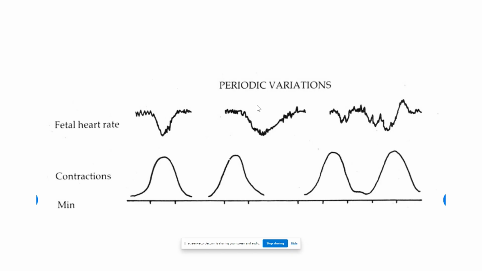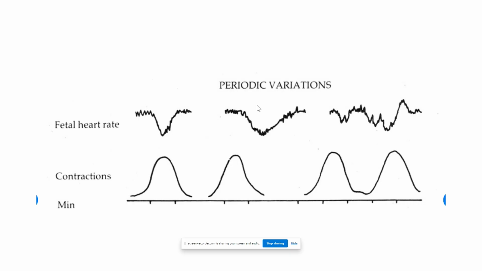So if she is on oxytocin or Pitocin and she's having late decelerations, you would turn off the pump first, and then you would put mom to the side. If the question does not state that she is on Pitocin or oxytocin, the first thing you do is put her to the side, and then you give her oxygen, and then you open up her fluids. Those steps are the first things that you do, and then you call the doctor.